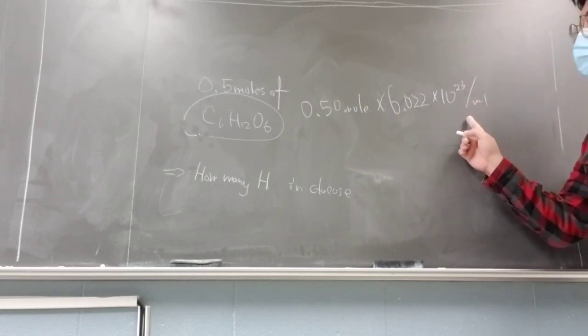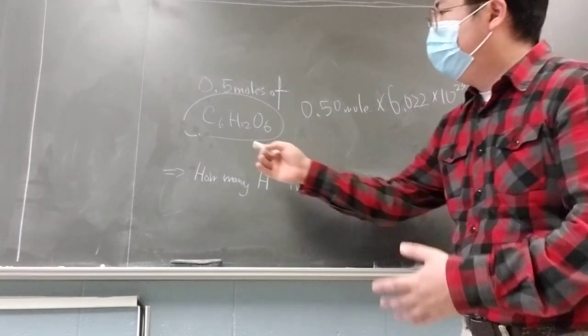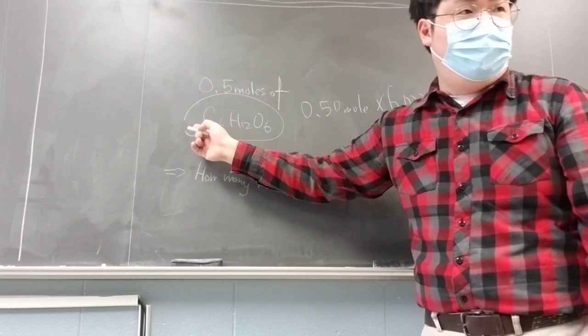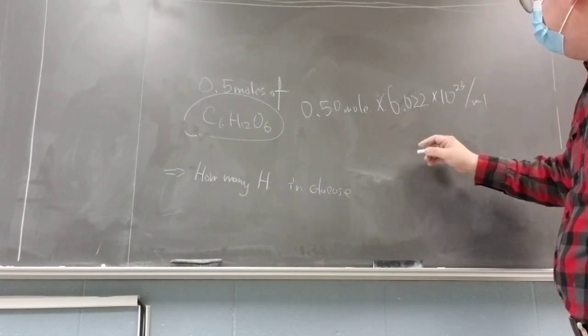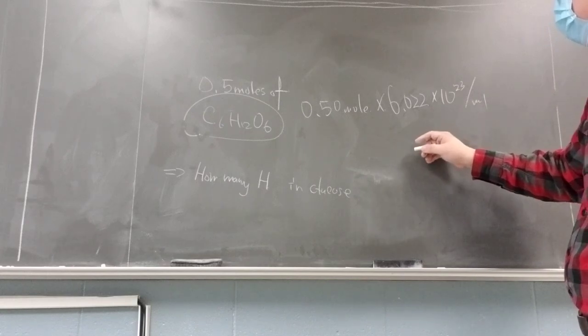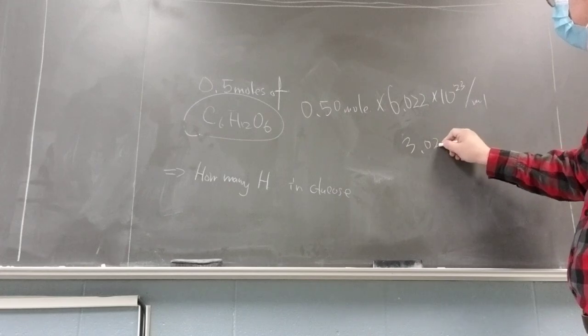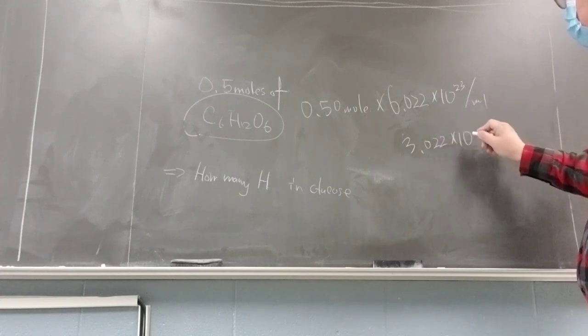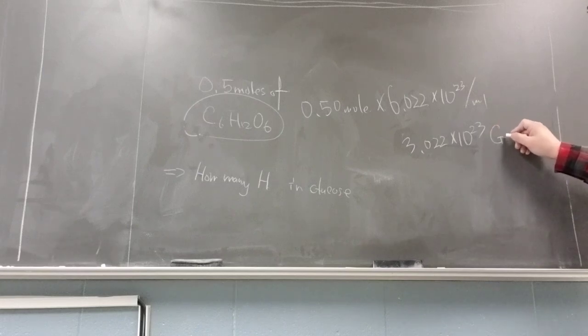So you find the actual number of glucose molecules here by just doing this. If you do this real quick, it becomes half of that. Okay, you have this many glucose, right?